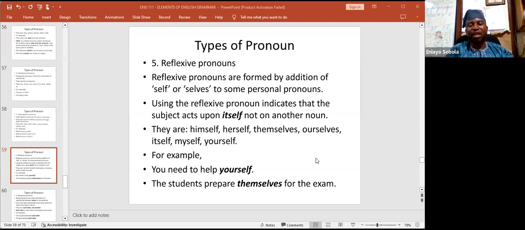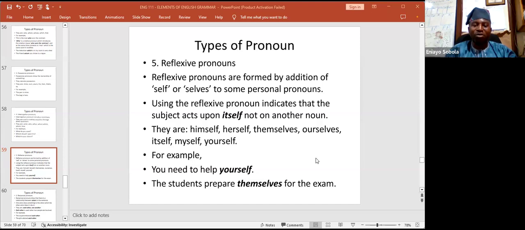When you use the reflexive pronoun, it means that the subject acts upon itself, not on another pronoun. Some of the examples are herself, himself, themselves, ourselves, itself, myself, and yourself. For example, you need to help yourself, meaning that the person you need to help is not me, not another person, but yourself.